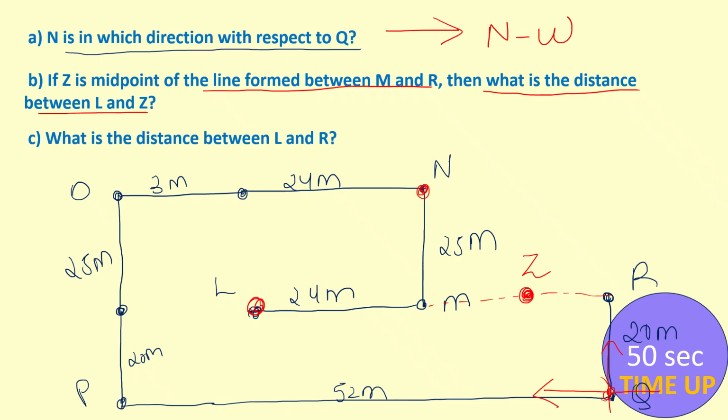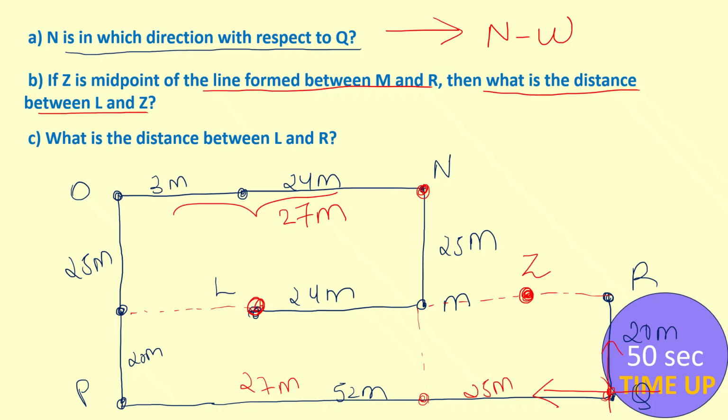So how to find this out? Join this. So this total will be how much? 27 meter. If I do like this, till here it will be 27 meter. So 52 minus 27 meter will be 25 meter.